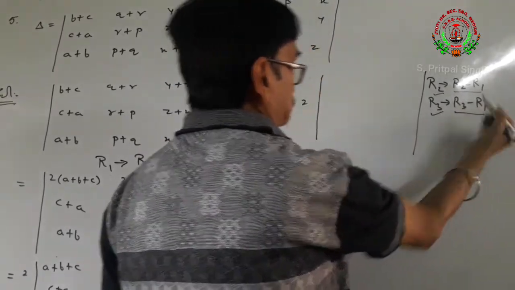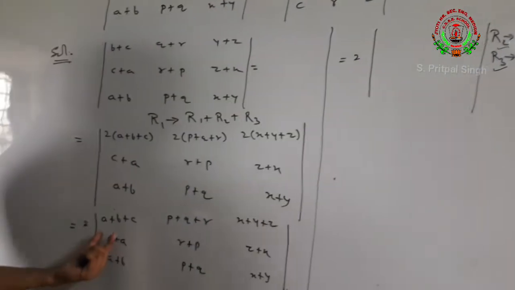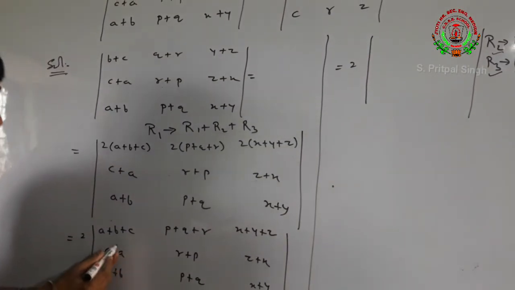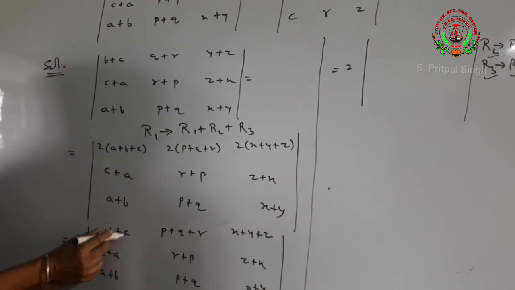Now R2 is our C plus A and R1 is our A plus B plus C element.